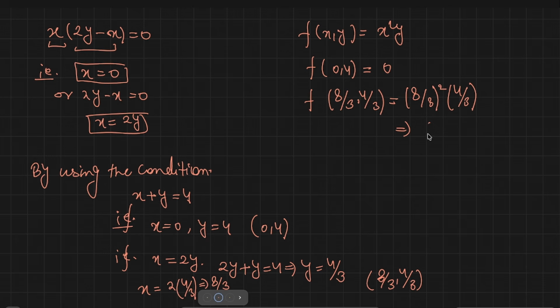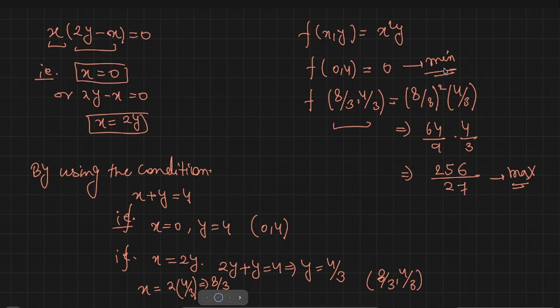So it will be 64 by 9 times 4 by 3, which is 256 by 27. Okay, this is the solution. From here I can say this is the maximum value. So the maximum occurs at this point, and the minimum value occurs at 0 comma 4. So this is how you can solve the questions by using Lagrange's multiplier.